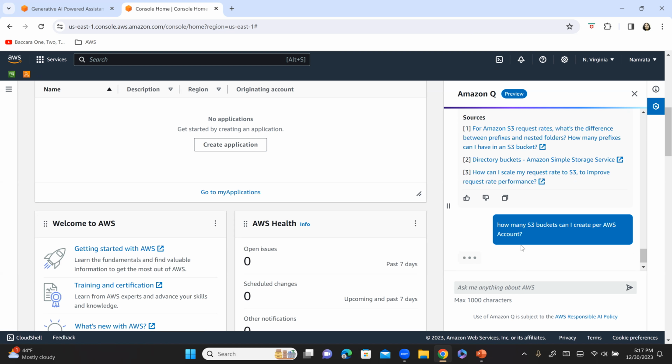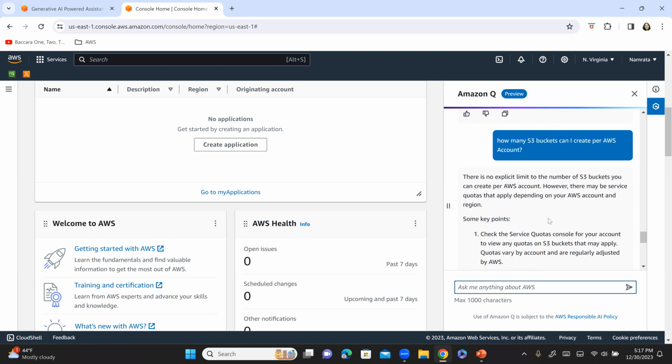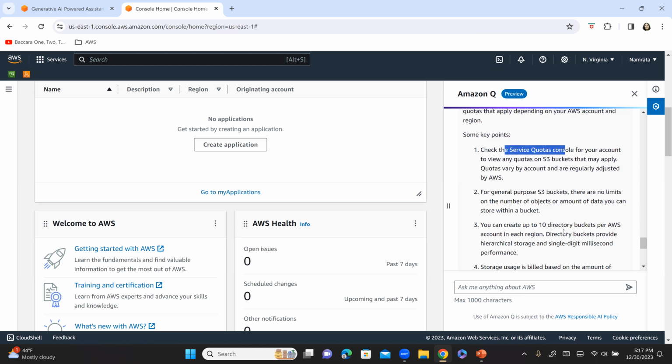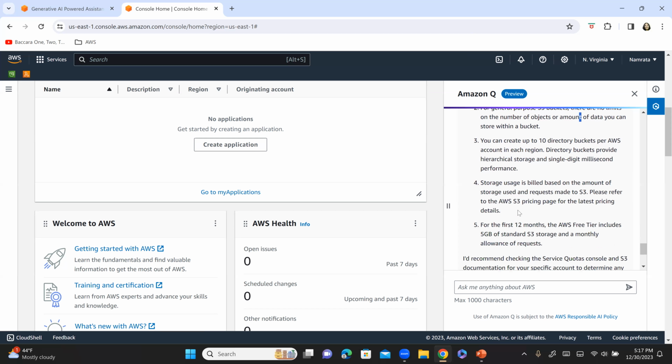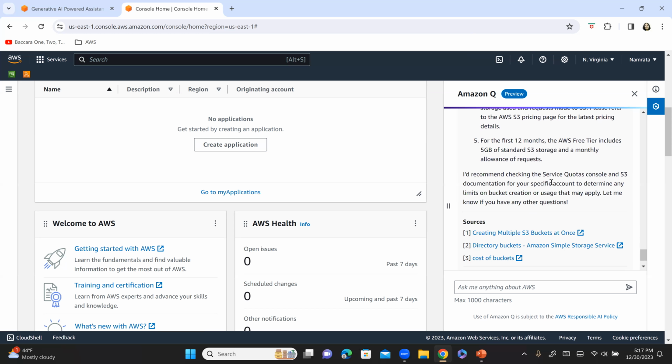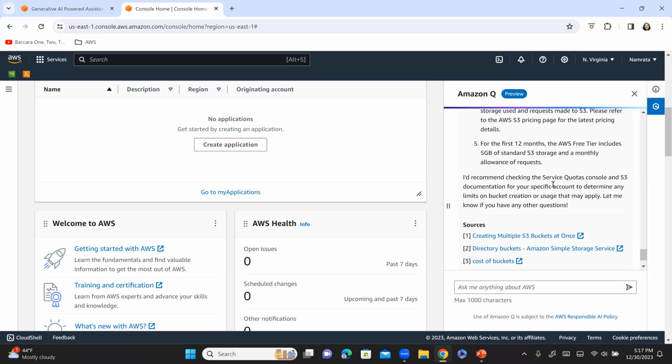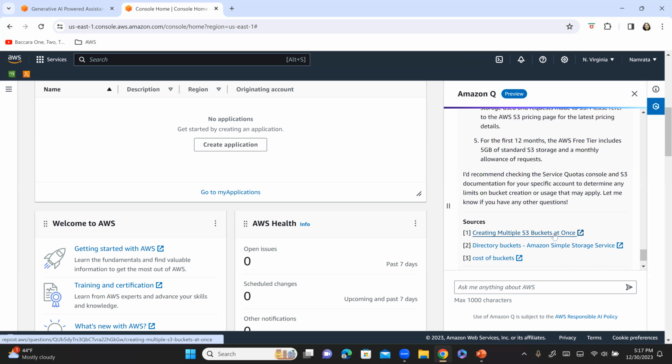Again, there is no limit, but still there is a service quota of 100 buckets or so. So now it's telling me to look at the service quota. Up to 10 directory buckets per account. For general purpose buckets, there are no limits, but you still have to go and look at the quota. So for my account, there are going to be some service quotas that I will have to go and check.